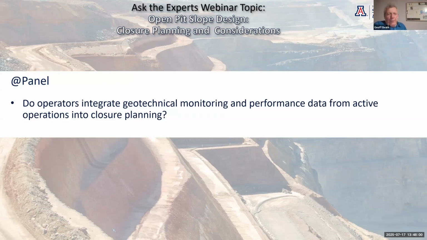Yeah, I mean, the answer to the question is yes, absolutely. When you're getting towards closure, particularly for longer-duration mine lives, you've got a hole in the ground, and you can see how that's performed.